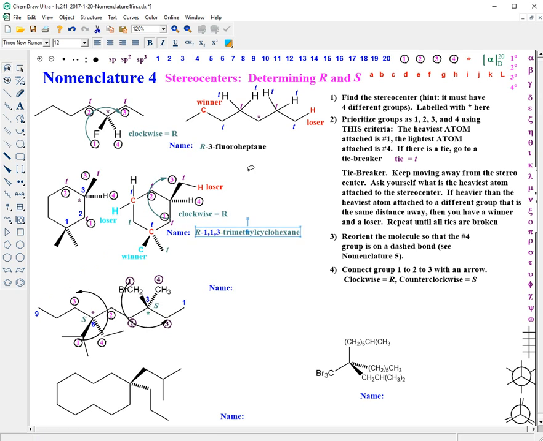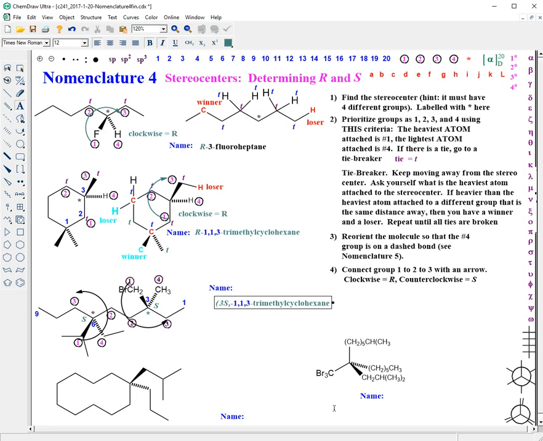Let's just copy this name here and edit it as need be. How do you indicate that the multiple stereo centers are on different carbons? Put everything in parentheses. Tell me that the stereo center on 3 is S. Tell me that the stereo center on 6 is also S. This name is all wrong. We have bromomethyl listed first on carbon 3.